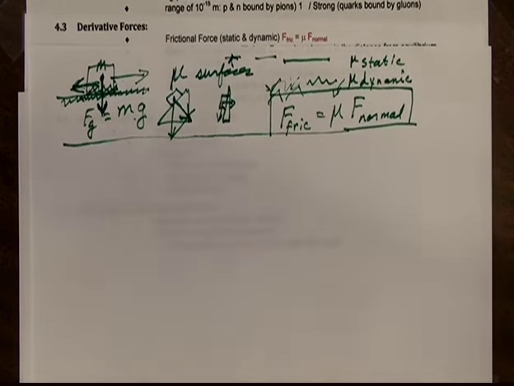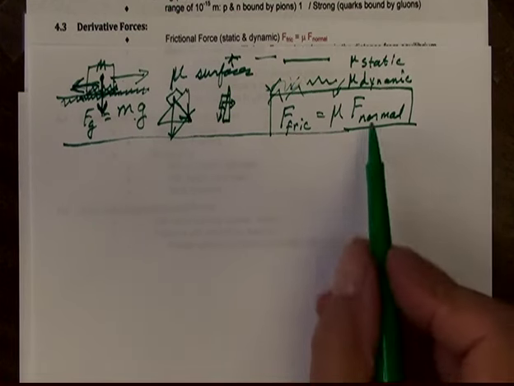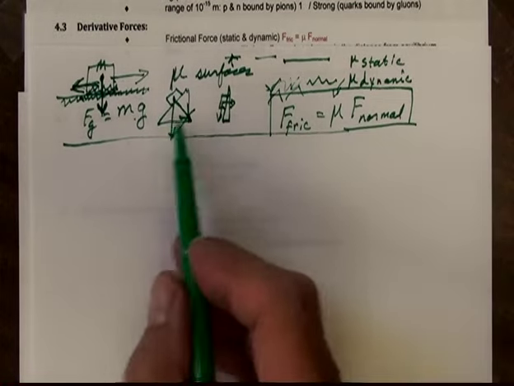So it can be either a static or a dynamic value. And those are relatively constant. In other words, if something goes faster, the dynamic mu does not change noticeably. So for any two surfaces, you're going to have a dynamic and a static value of mu. That enables you to look at how much the forces are pressed together and what your force of friction is going to be.